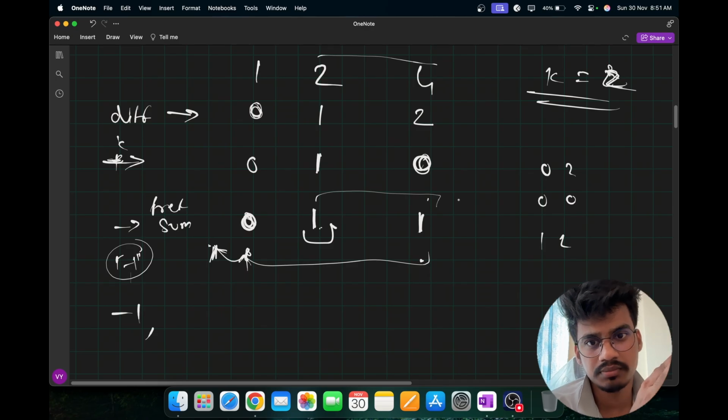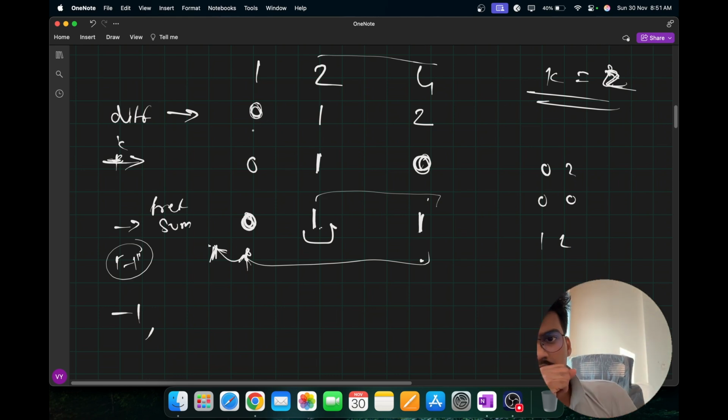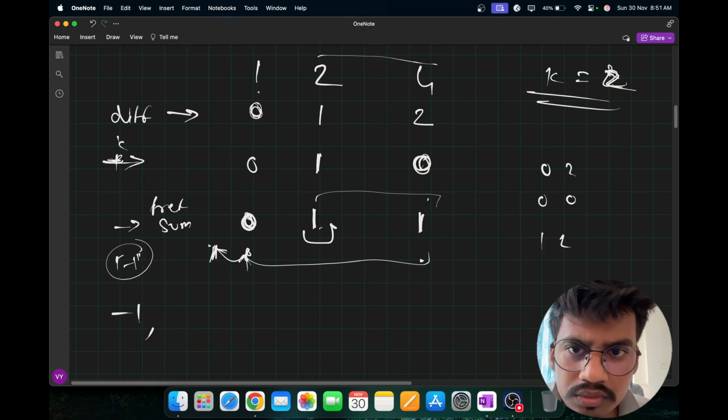There may be some sum. I'm taking the difference with the previous guy, so it is dependent on the previous guy. Again I'm taking the difference with the previous guy.